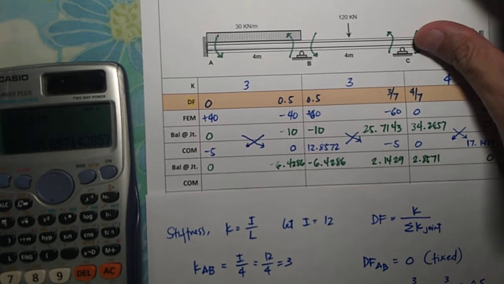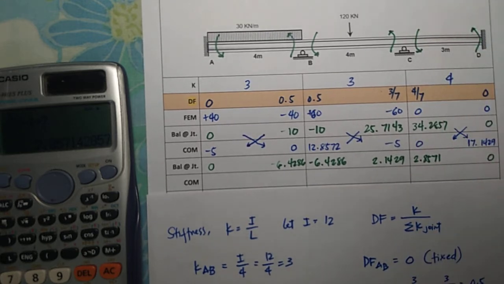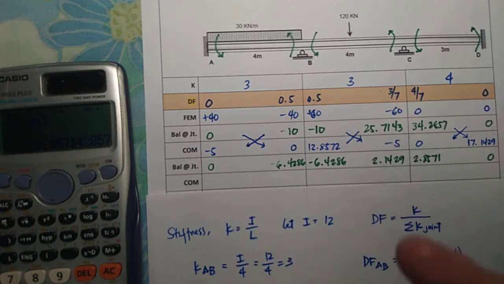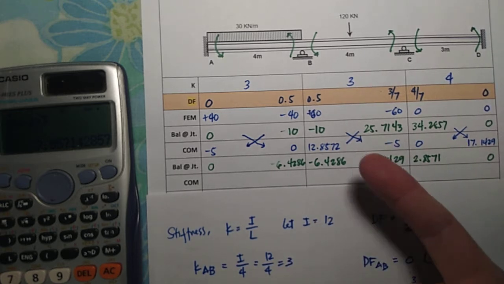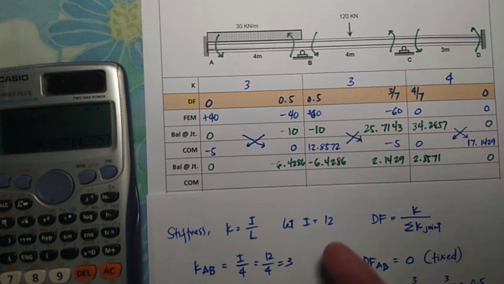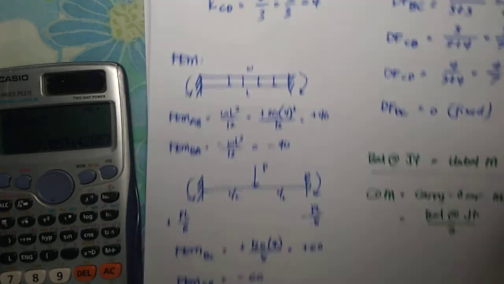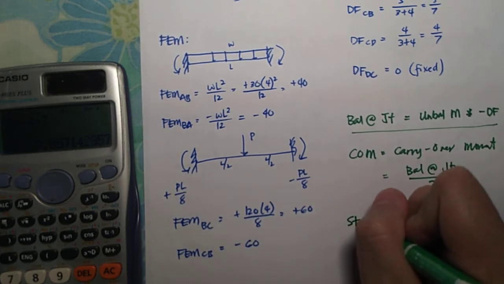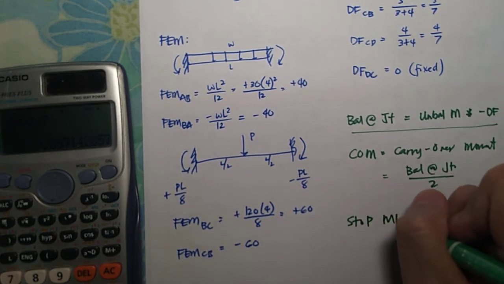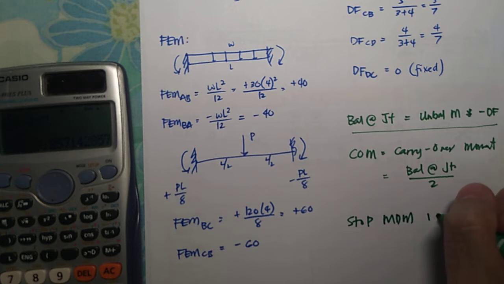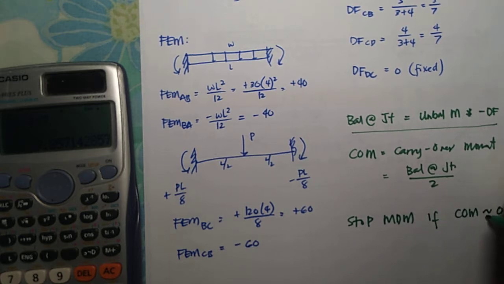Next, ulit. Carry over moment ulit tayo. Okay? Paulit-ulit lang. So, balance at joint, tapos carry over moment, balance at joint, carry over moment. So, kailan tayo mag-i-stop? Stop the moment distribution method if the COM is approximately 0.